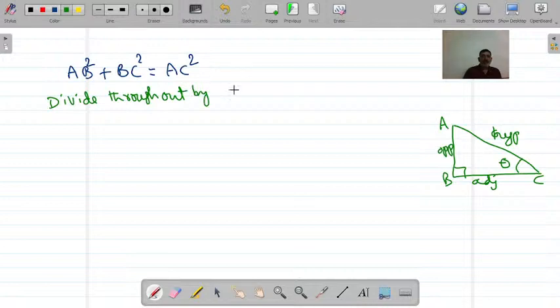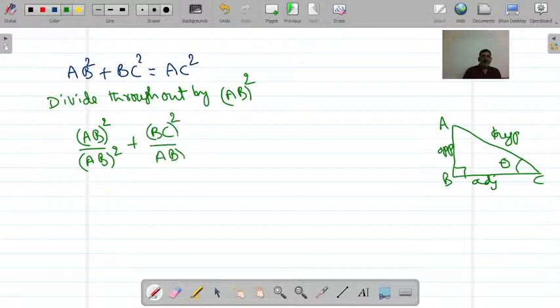by AB square. Now what happens? AB square by AB square plus BC square by AB square is equal to AC square by AB square. So simply I am dividing each term with AB square.